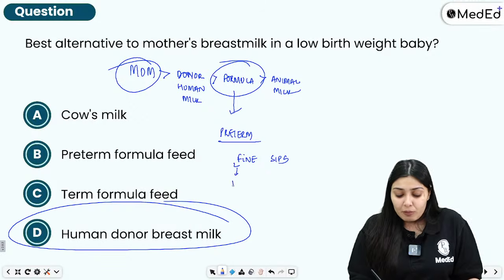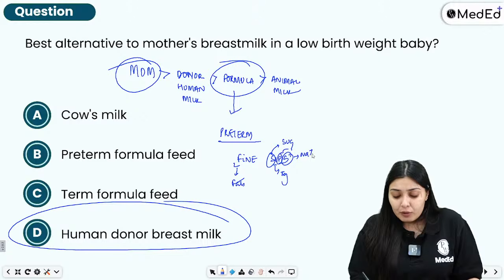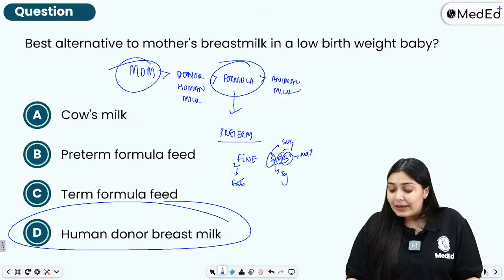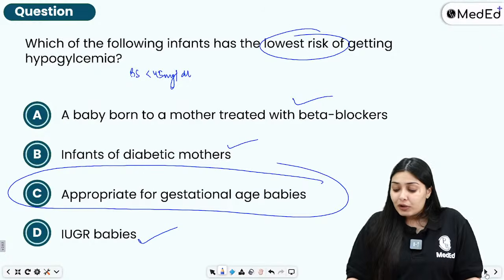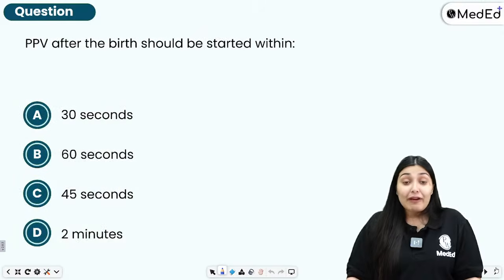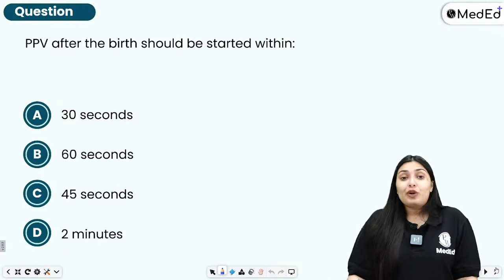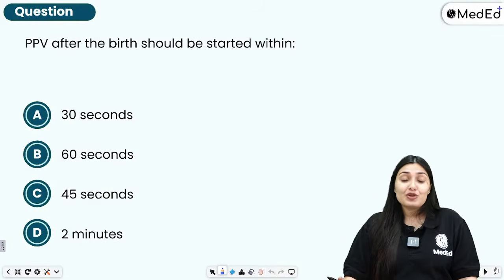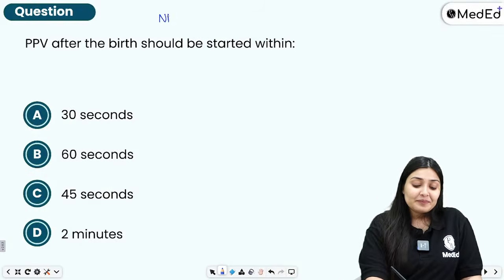F, more fats; S, more sugar; more iron, immunoglobulins, more proteins, and more sodium. So these are a few things extra that we add for preterm babies just for the sake that they have more requirement.